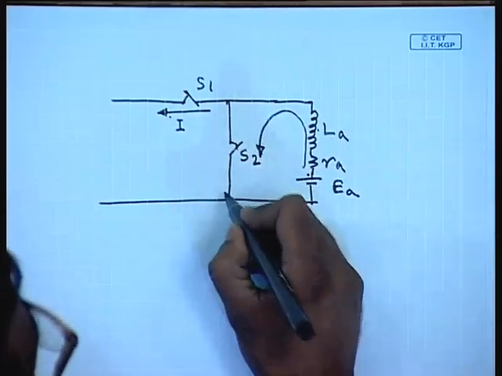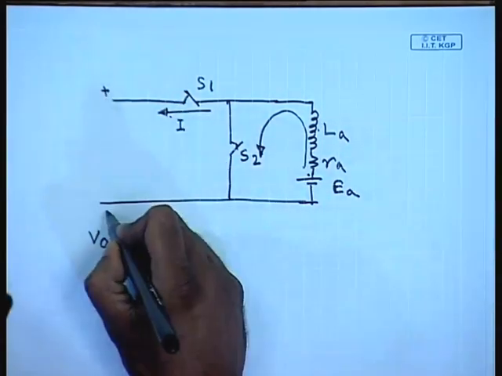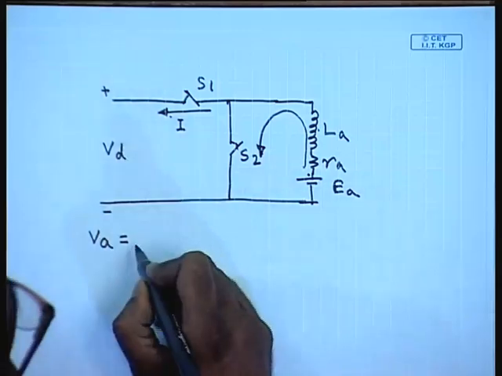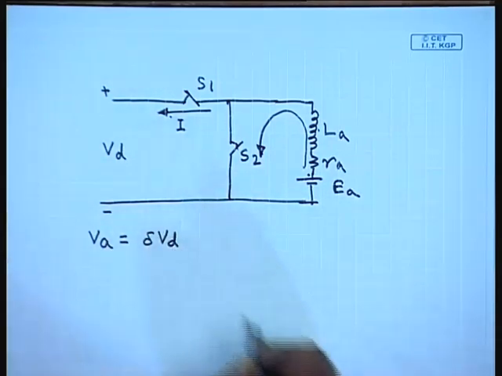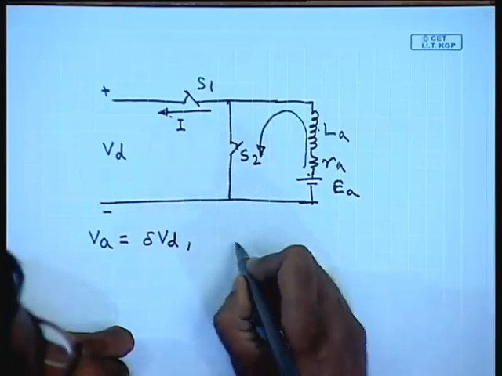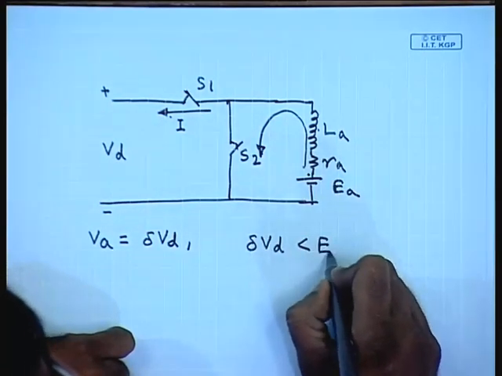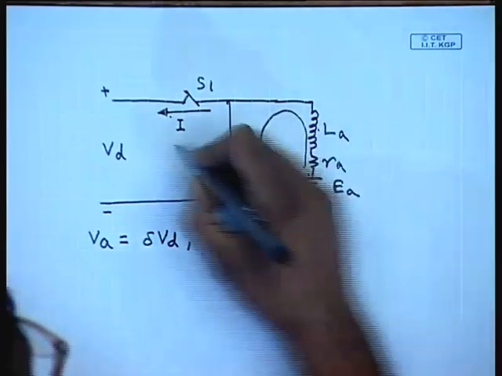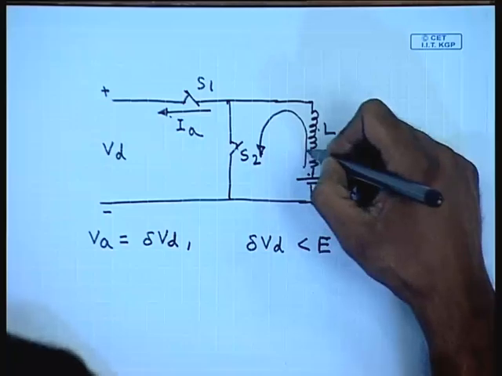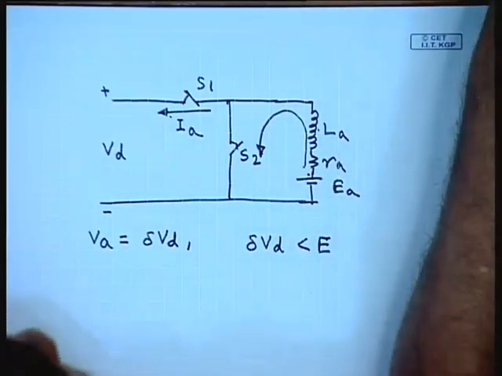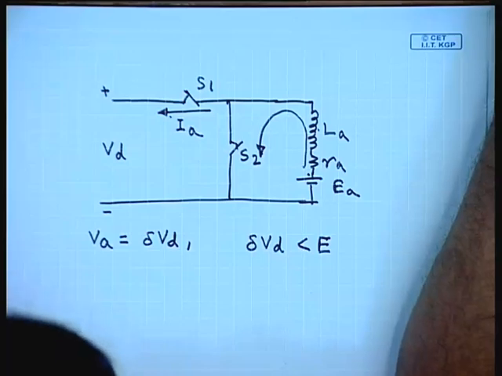We have seen the terminal voltage VA equal to delta VD. So, if delta VD is less than the induced back EMF Eb, then of course the direction of current will change and hence it can be used for regenerative braking purpose.